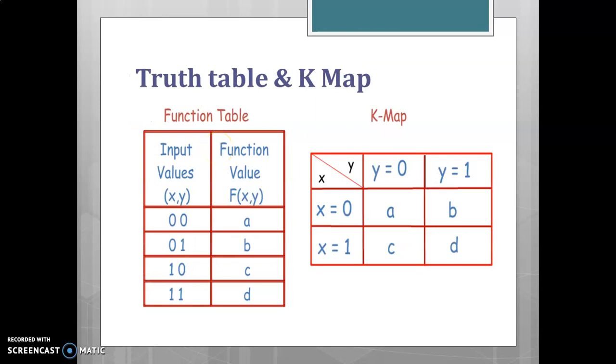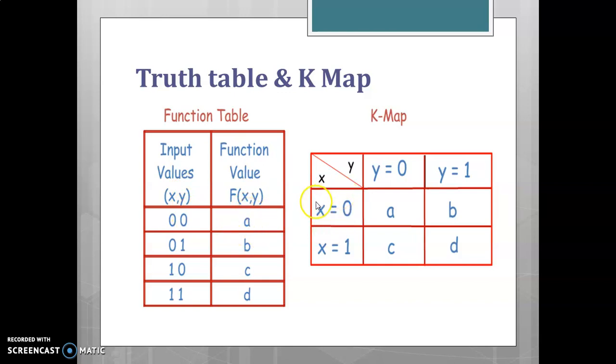This figure shows you the relationship between truth table and K-map. The K-map comprises a box for every line in the truth table. So for every line in the truth table, we have a box or a square or a cell in the K-map. For example, here in our truth table, X takes a value of 0, Y takes a value of 0, for which the function value is 0.